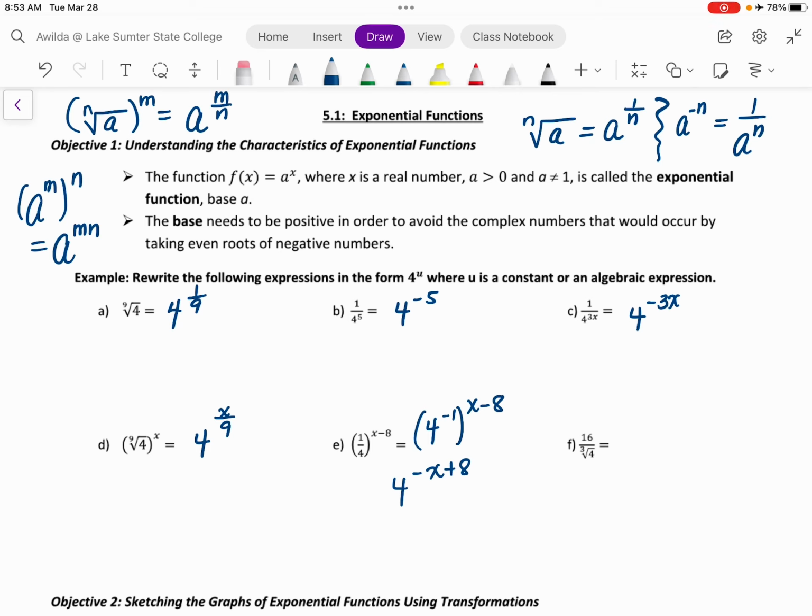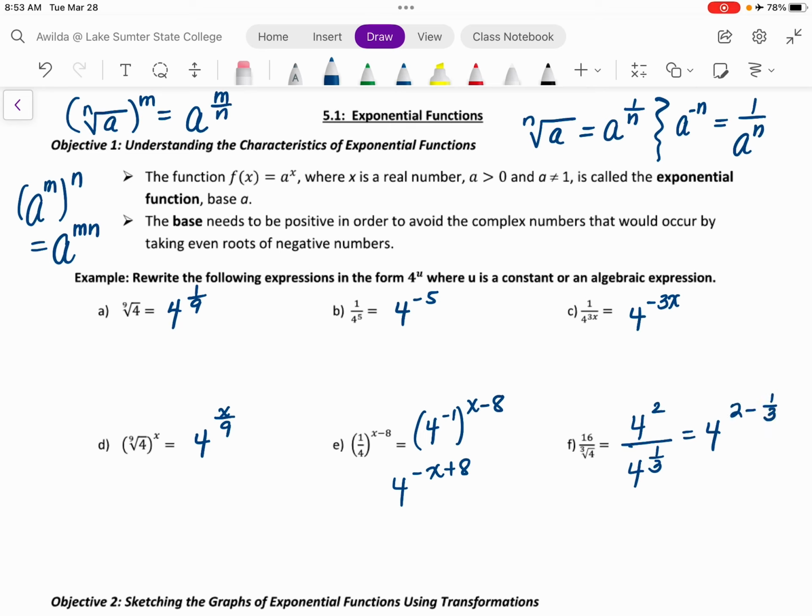Next, we have 16 divided by the 3rd root of 4, or the cubic root of 4. We're going to do this in a couple of steps. First, we're going to write 16 as 4 squared. And then we're going to write the cubic root of 4 as 4 to the 1/3 power. Next, we're going to use the quotient rule of exponents to write this as a single power where we subtract those exponents.